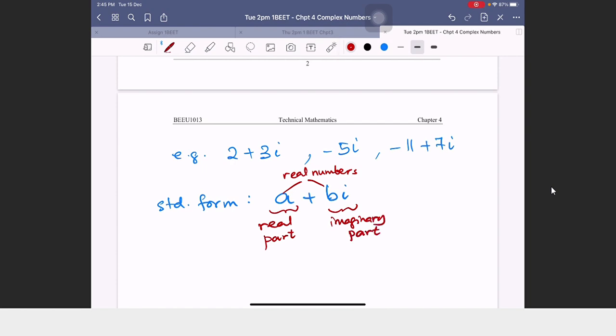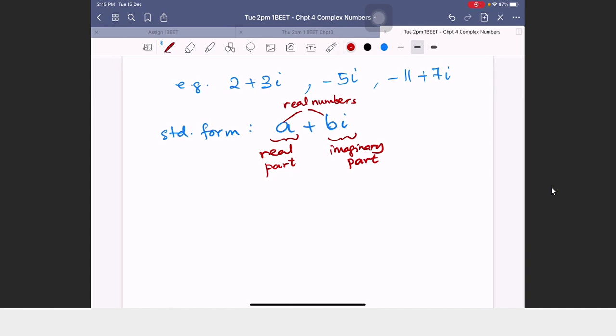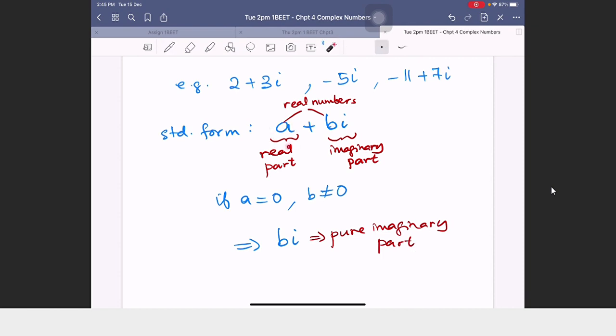Just now we mentioned that if a equals 0 and b is not equal to 0, then you have just this bi. Pure imaginary means there's no real part, only this bi. So bi is just called a pure imaginary part. This is just a terminology.